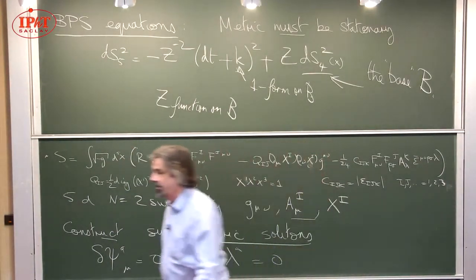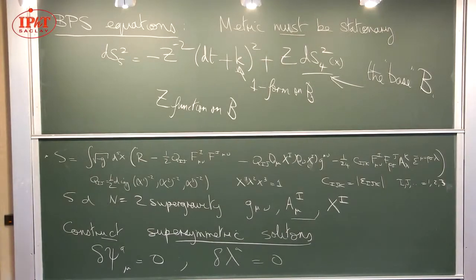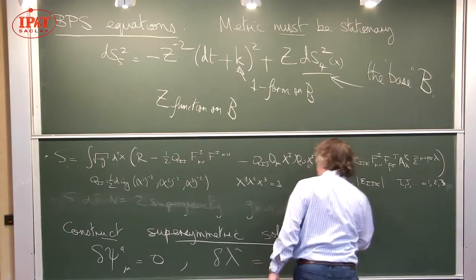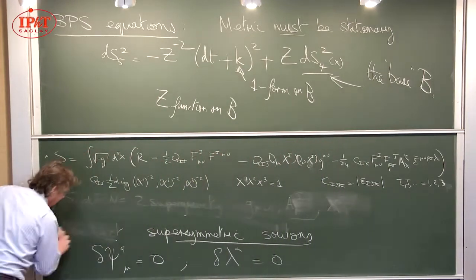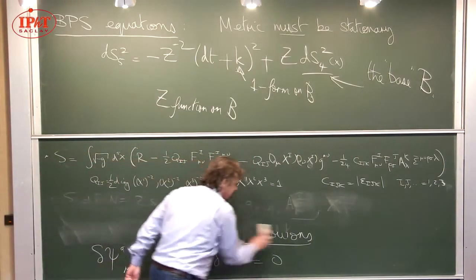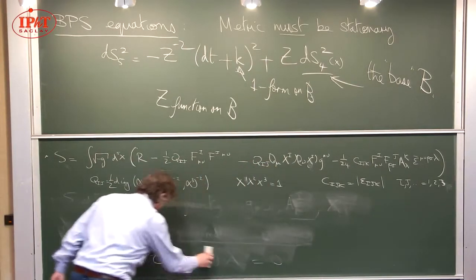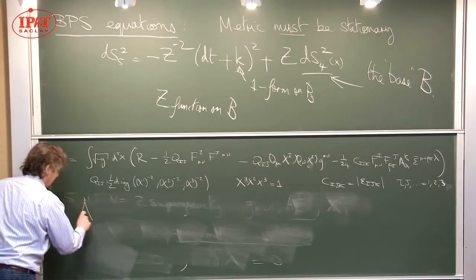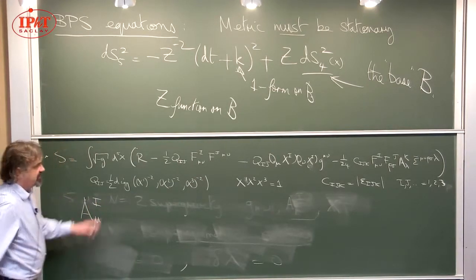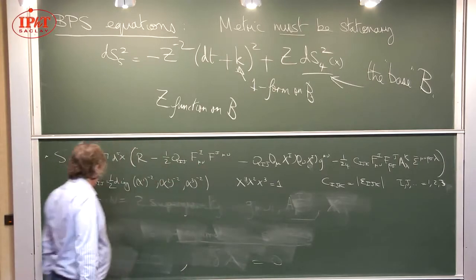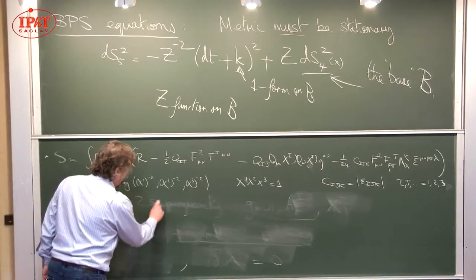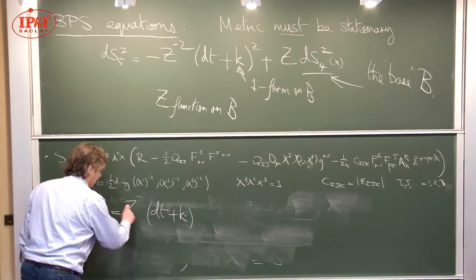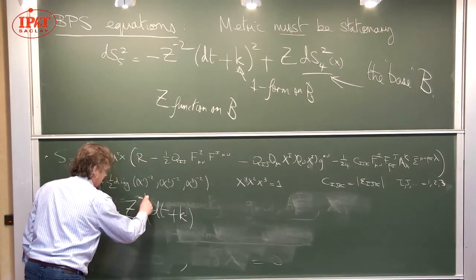Let's keep that for the moment. The other thing we're going to do is decompose the Maxwell fields in a very similar way. The Maxwell fields in this theory decompose in exactly the same way. You can have a component parallel to the time direction, which we'll just call Z_I^{-1}.